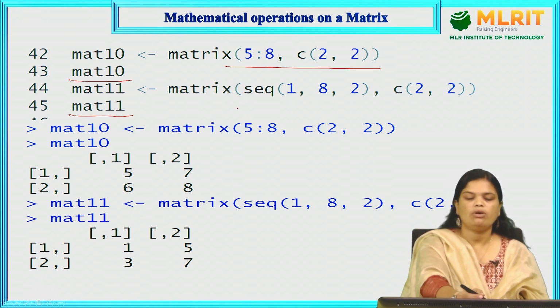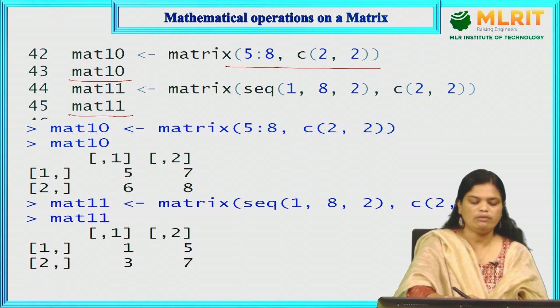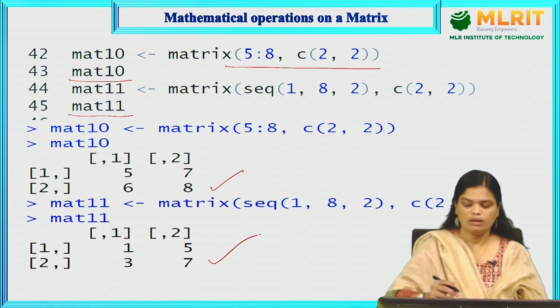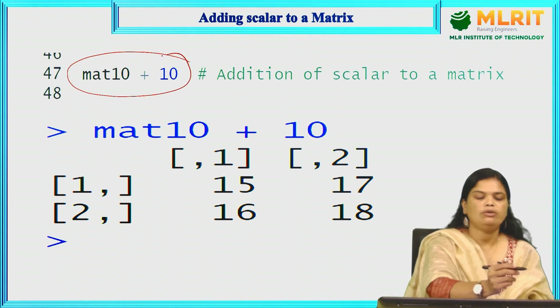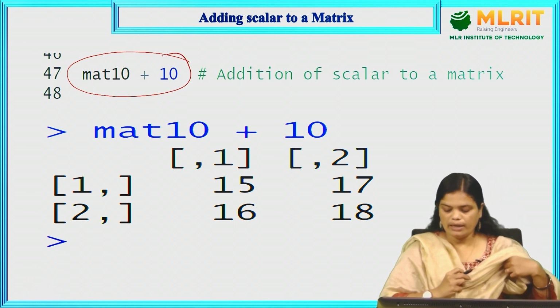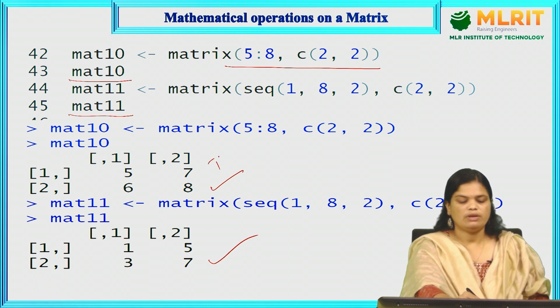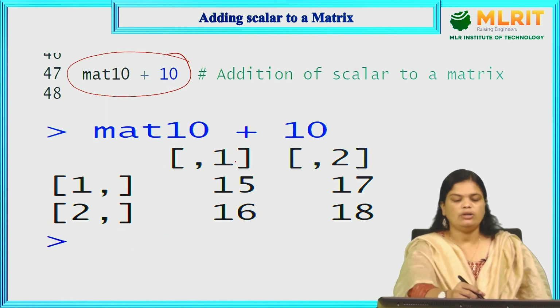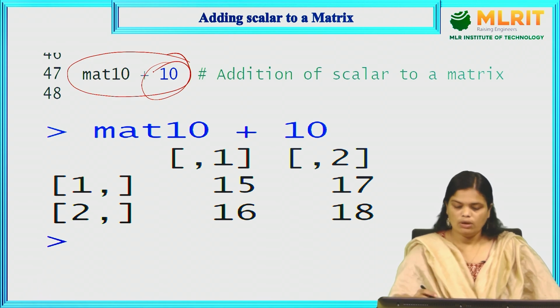Here we are not applying anything, just the values we have stored in mat 10 and mat 11, I am displaying the values here. And now I am adding a scalar 10 to mat 10. Mat 10 matrix is already there. This is the mat 10 matrix, this is the first matrix. So look at the output.